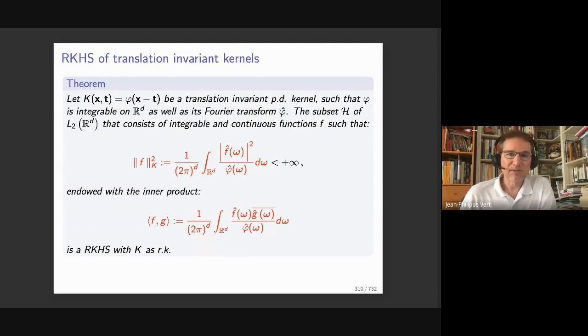So for this to happen, it suffices to choose a phi, so to choose a kernel or a function phi, such that phi of omega is equal to 0 outside of the range you're interested in, because then this would constrain f hat of omega to be equal to 0. Otherwise, in this equation, you would have a non-zero term divided by 0 that would diverge to infinity.